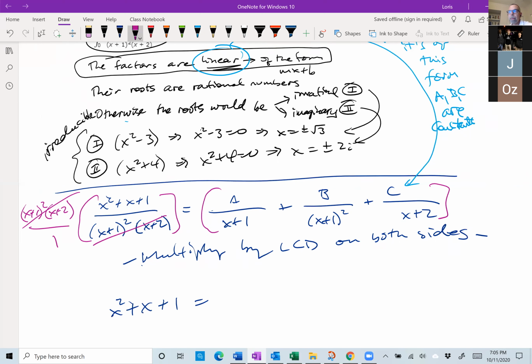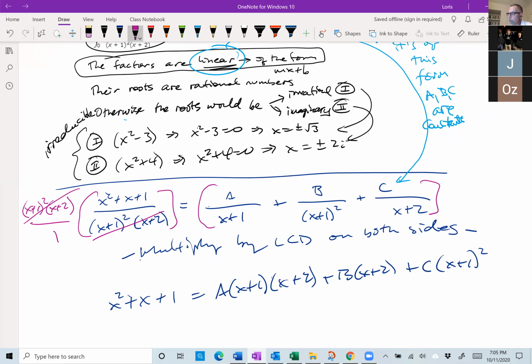You'd get a times x plus 1 times x plus 2, plus b times x plus 2, plus c times x plus 1 squared. That's multiplying what I have in purple on the right side, x plus 1 squared times x plus 2 over 1.